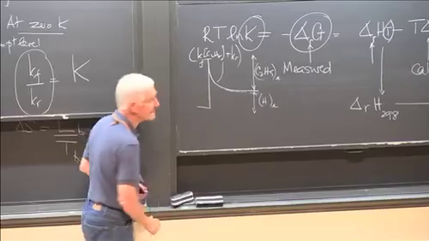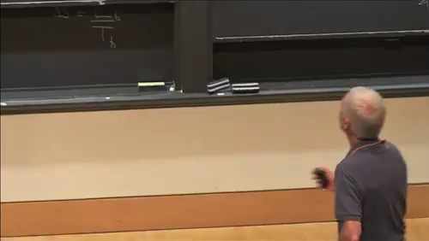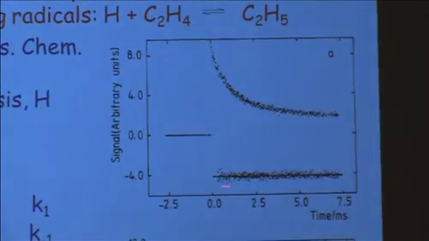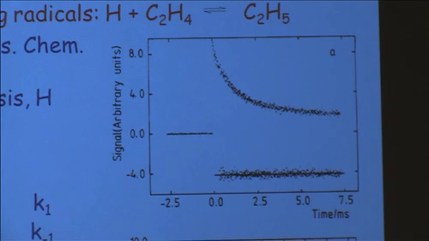So it's not quite as simple as one might hope. This bottom line here is just the residuals of a fit to the experimental profile. So we plot the residuals in order to see that we're not doing a biased fit. So the fit is an unbiased fit to the experimental data. So that's what that thing looks like.